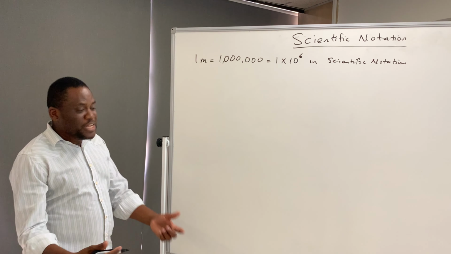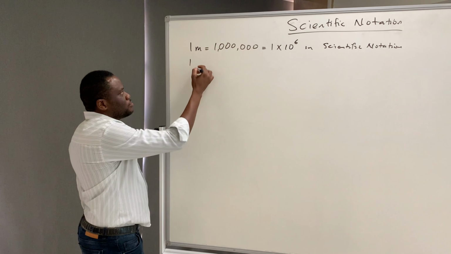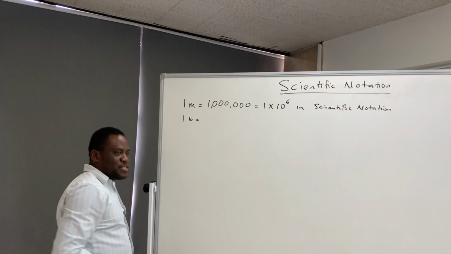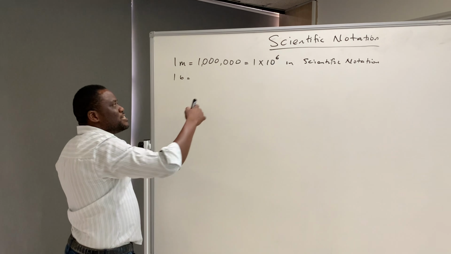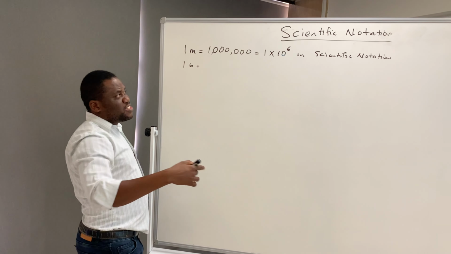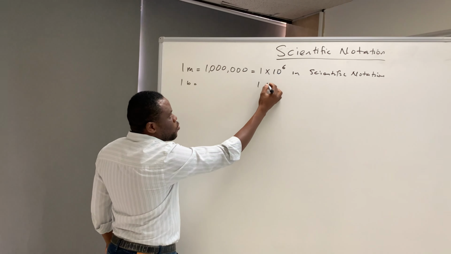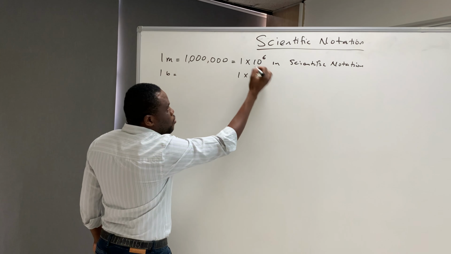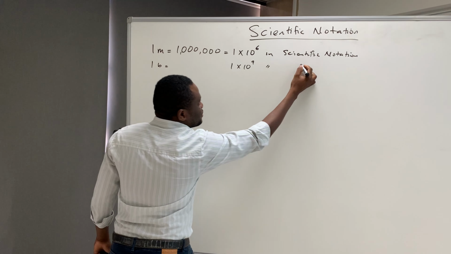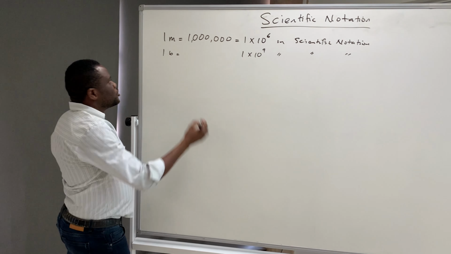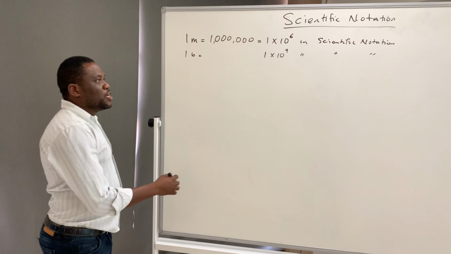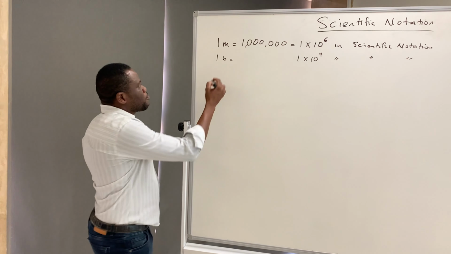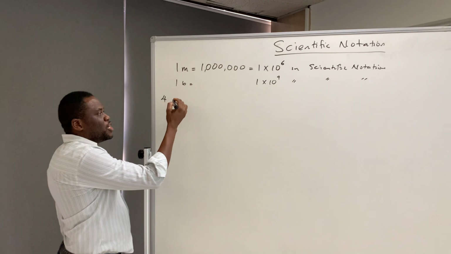What of 1 trillion? Or let's say 1 billion means 9 zeros, right? So instead of writing 1 0 0 0 0 0 0 0, it's long. So we can just say it's 1 times 10 to the power of 9 in scientific notation. Trillion has 12 zeros. Let's say we have 4 trillion.